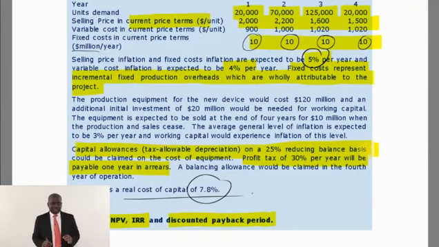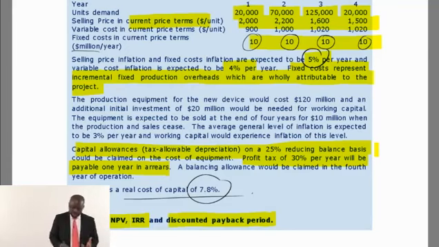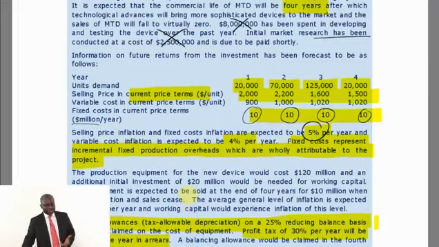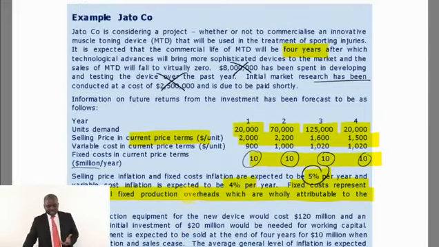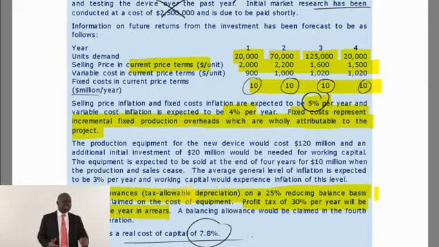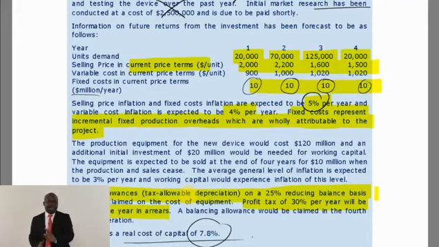So if it's 25% reducing balance, how do we calculate that tax savings on capital allowance? Bear with me. Now, when it is capital allowance, let me bring your mind to a basic thing that students sometimes do. Capital allowance is the taxman's form of depreciation. And capital allowance has nothing to do with your working capital, because working capital is current assets minus current liabilities.